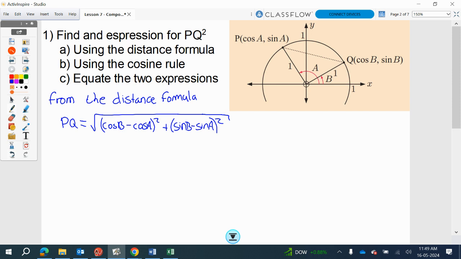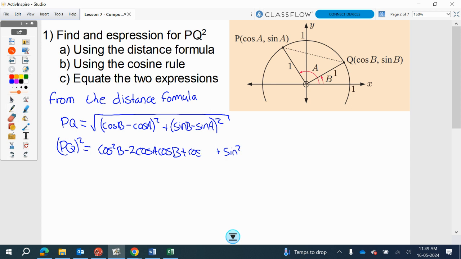So then once we've done that, we can expand and simplify and square both sides just for neatness, bring that over here, and then I need the expansion. So we get cos squared B minus 2 cos A cos B plus the cosine squared of B plus sine squared, sorry, I've got some A's and B's missing.